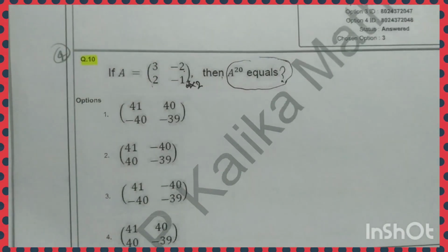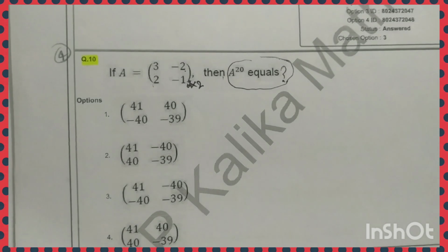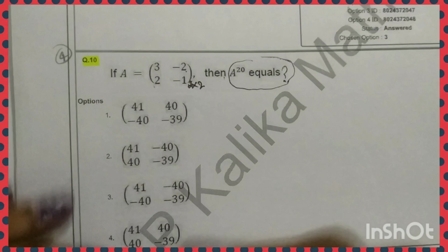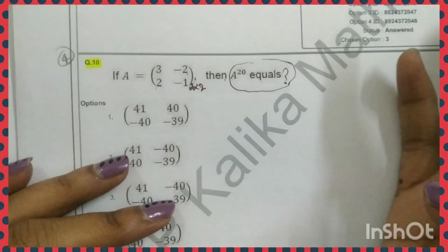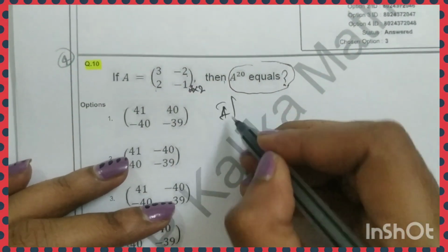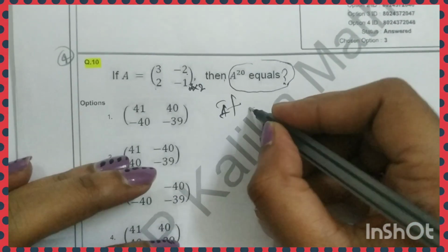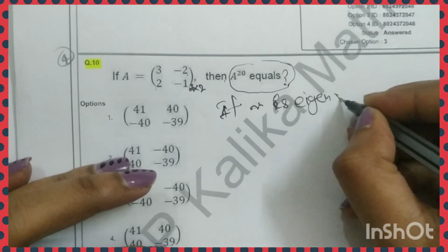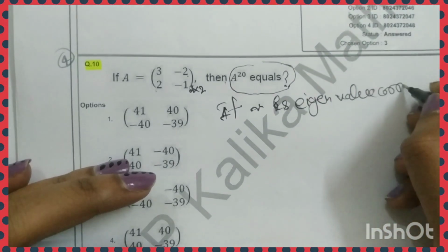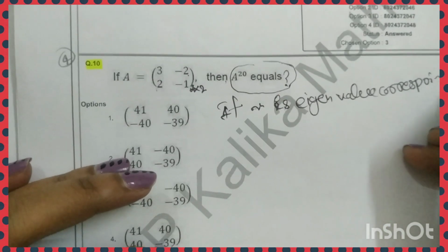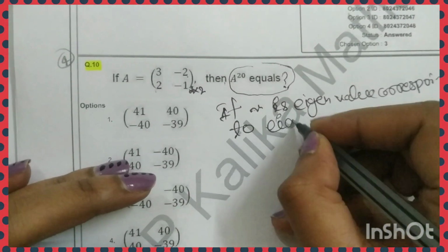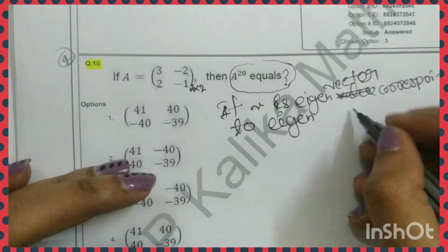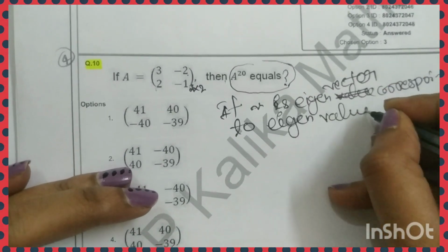Why not pause the video and try this question? Okay, so let us try to solve together. So what we will do here? As we know, if v is an eigenvector corresponding to eigenvalue 1.